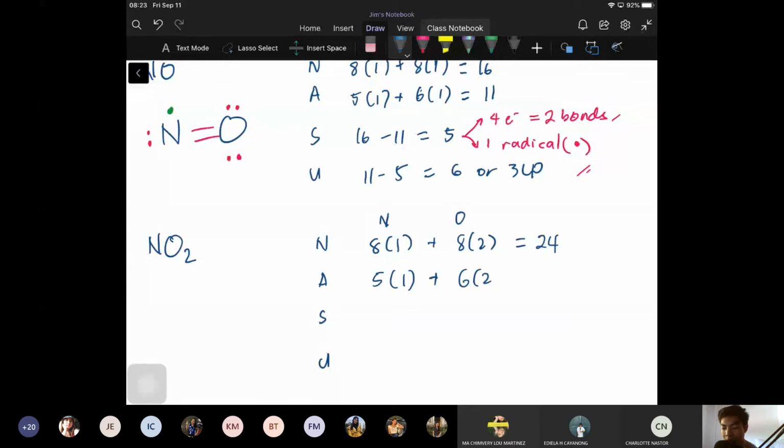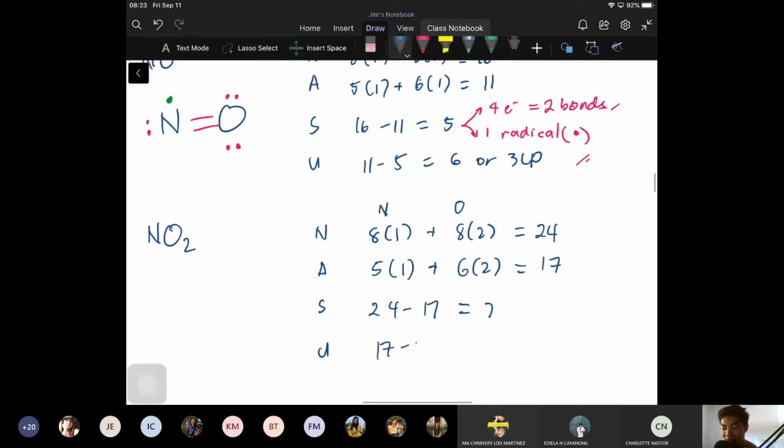Oxygen is 6. 12 plus 5, 17. Pahirap ng pahirap yung subtraction natin dito. 24 minus 17, 7. And then 17 minus 7 is equals to 10 or 5 lone pairs.